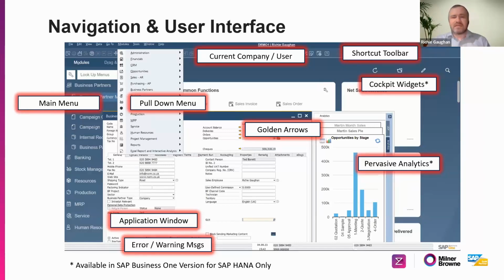But when we get into things like, for example, as you can see here at the top right, we have a cockpit or a cockpit widget or set of widgets within the SAP HANA version. We also have on this business partner master data screen that we have shown on this slide, a little section on the right there, which is showing some graphical or a visualization of your data, a technology called pervasive analytics.